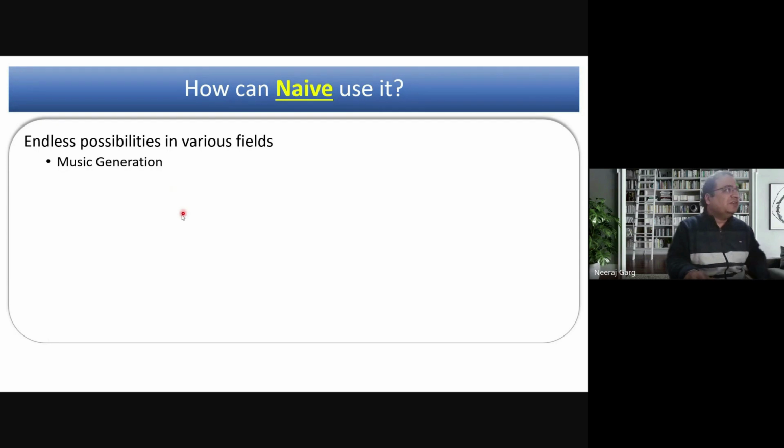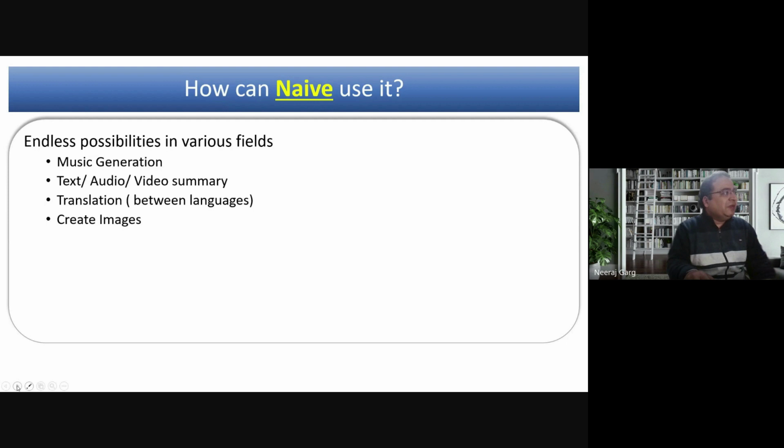This is just an example: text, audio, video summary, translation between languages, create images, create videos, like you just mentioned that you are looking for features which can create text to video. And there are many more use cases for beginners.